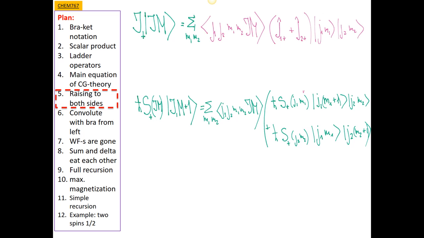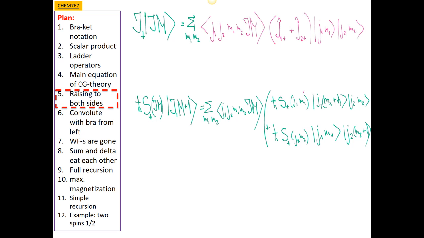From now on we will just plug in whatever is written there and get the answer. It is a little technical, and this board may not be sufficient. After I'm done, I will erase the first board and keep writing there, but the answer is very close.